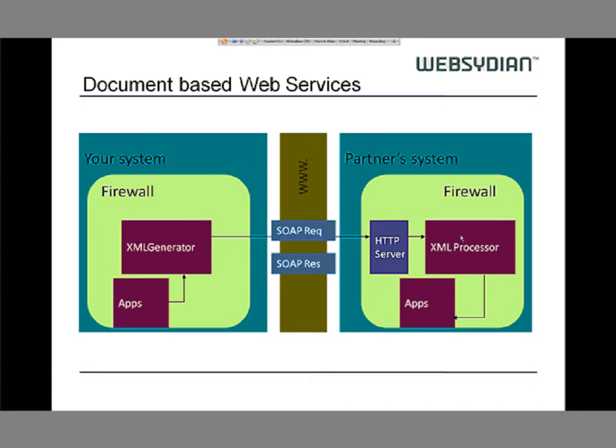They will receive it using the XML processor, and that will give them the data into their apps to do their processing, whatever that they do, and then they will send it back to the XML processor, create a new document or the answer to our request, ship it back to us, and we will take care of it in the XML generator again, and we will have data to work with. Now this is a normal document-based web service.